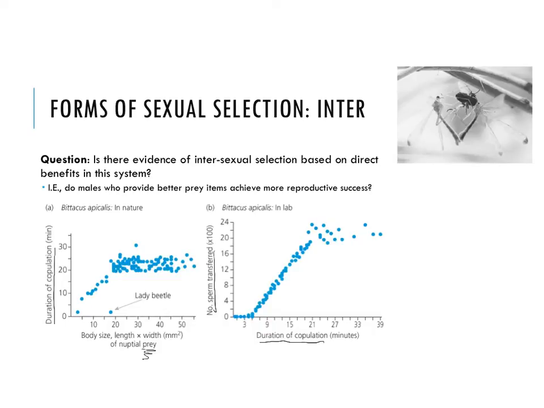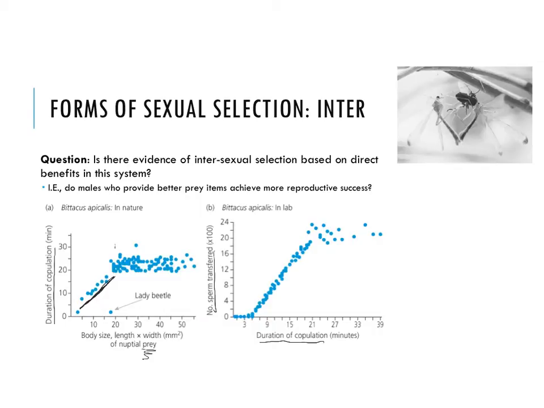From the first graph, we see that, especially in this early part of the graph, we see a positive slope, right, between the body size of the prey and duration of copulation.